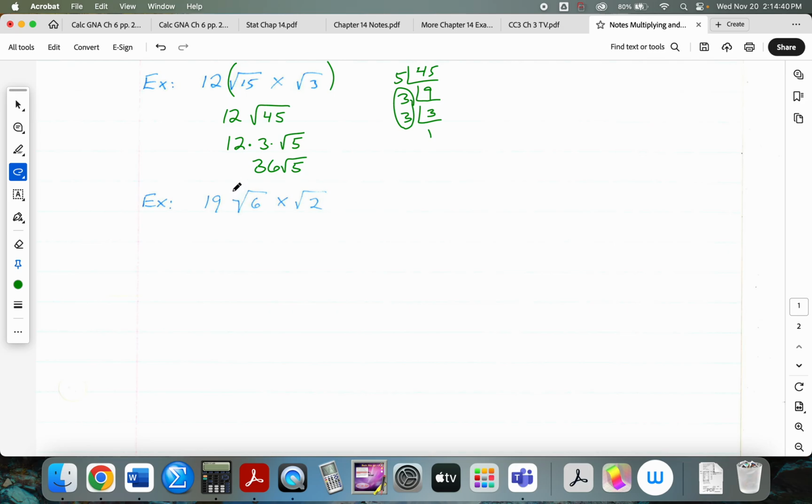Let's do the same thing on this one. We're just going to multiply those square roots together. So this will be 19 times the square root of 12. Go ahead. And we'll see if we can simplify the square root of 12.